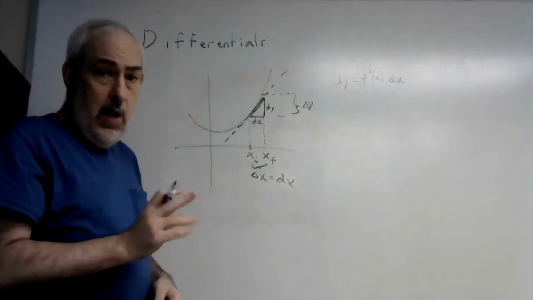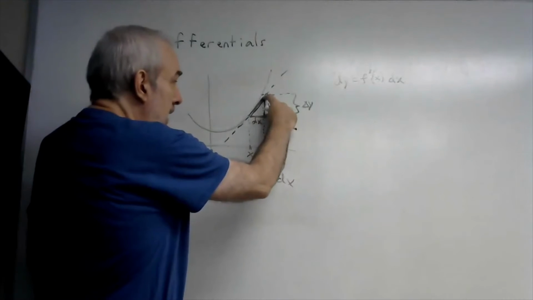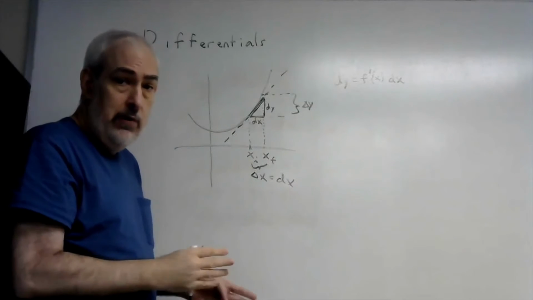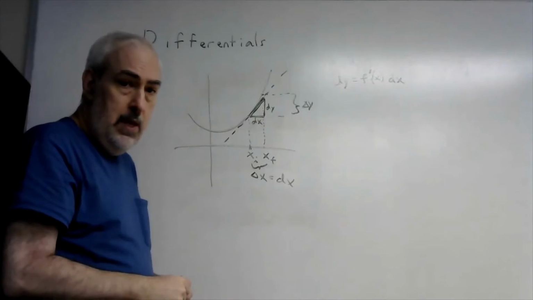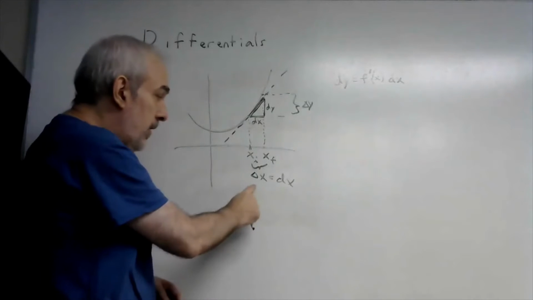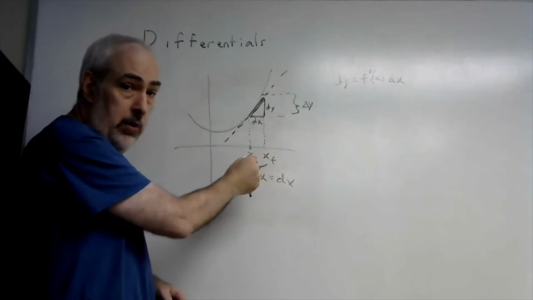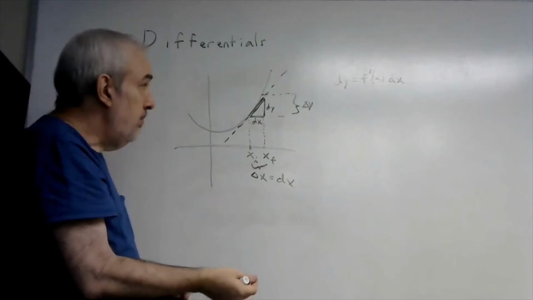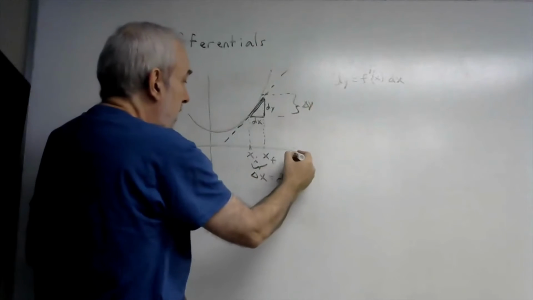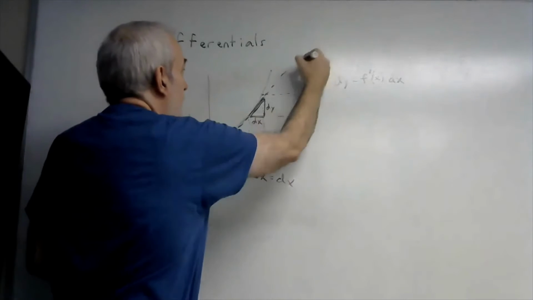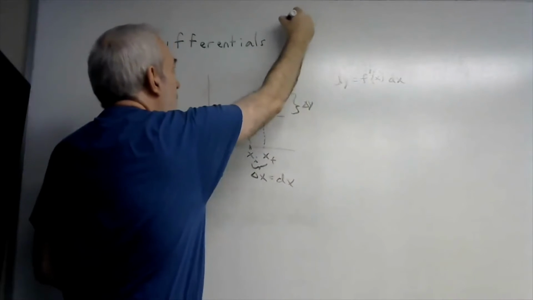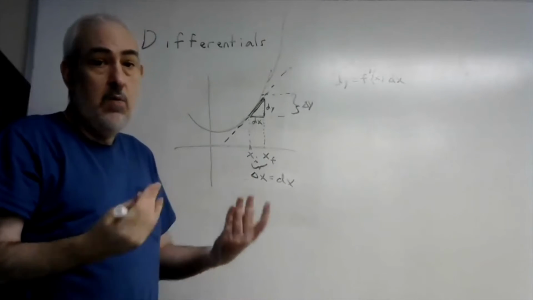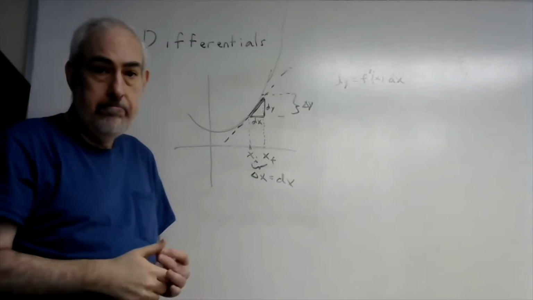Notice that dy is almost exactly change in y, because the tangent line is very close to the function. At least that's going to be true whenever dx or delta x is small enough. Then your tangent line is a good approximation to the curve. As you get further along, like maybe over here, this tangent line and the curve could be way far apart, and therefore dy would not be anywhere close to change in y.